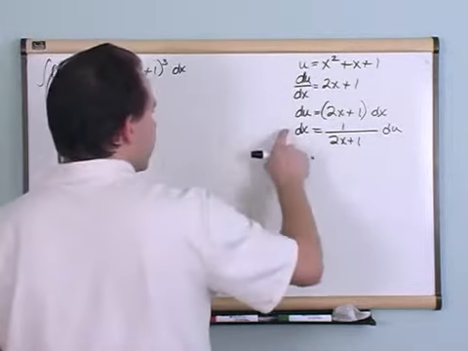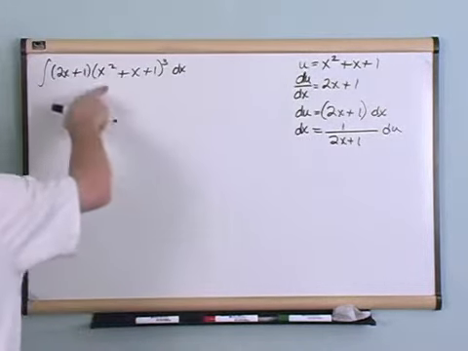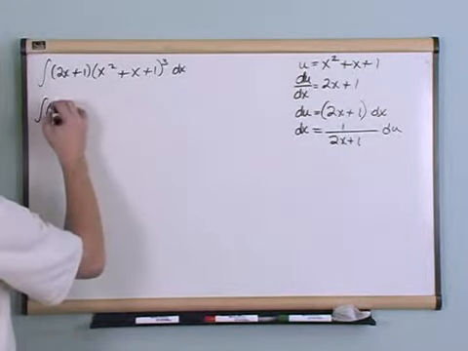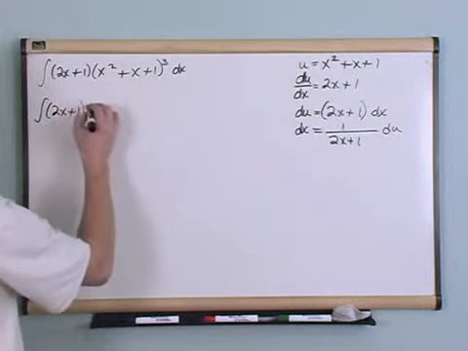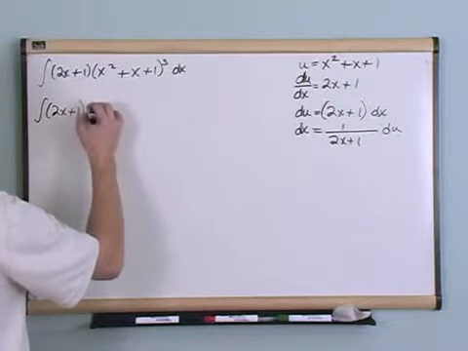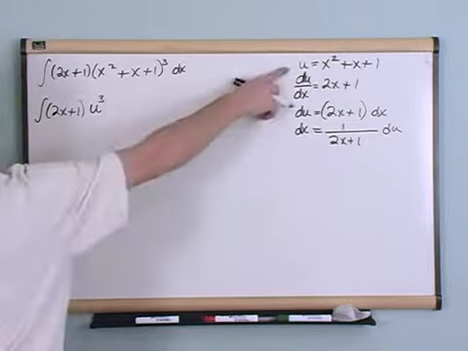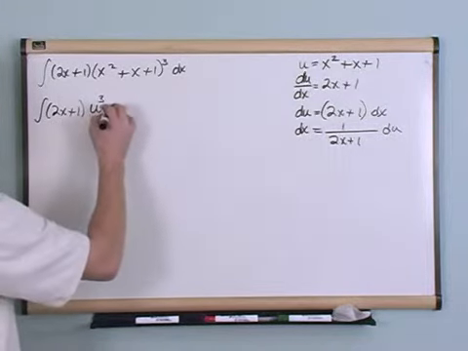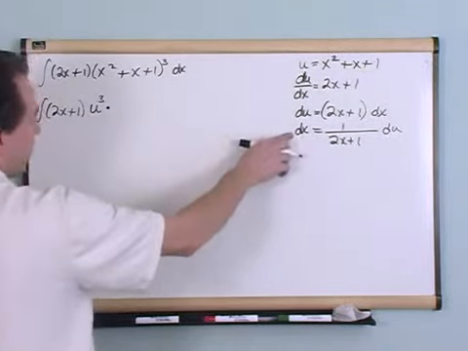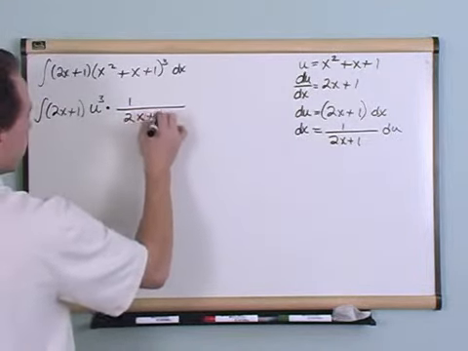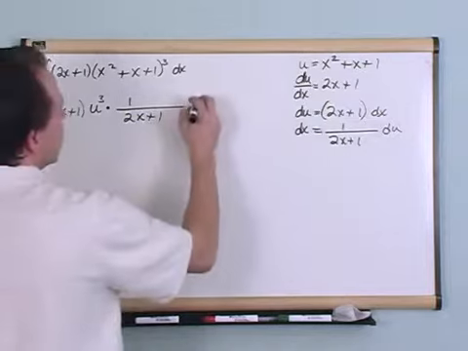So now, having this piece of information and this piece of information, I'm going to go back and try to solve this integral. So I'm going to have (2x plus 1) times u to the third power, because all of this is just u, to the third power, times dx, which I've defined right here, 1 over (2x plus 1) times du.